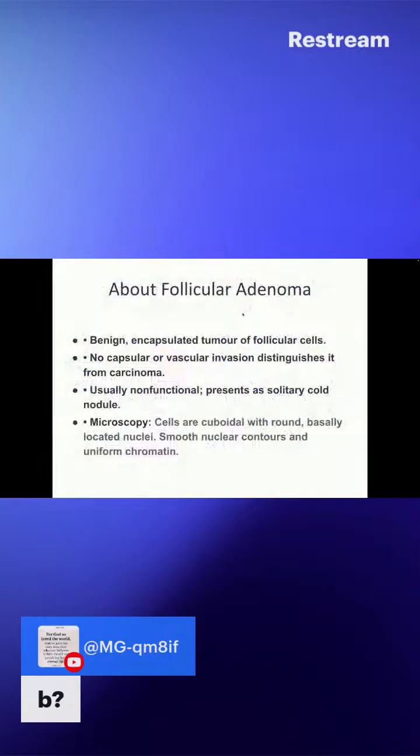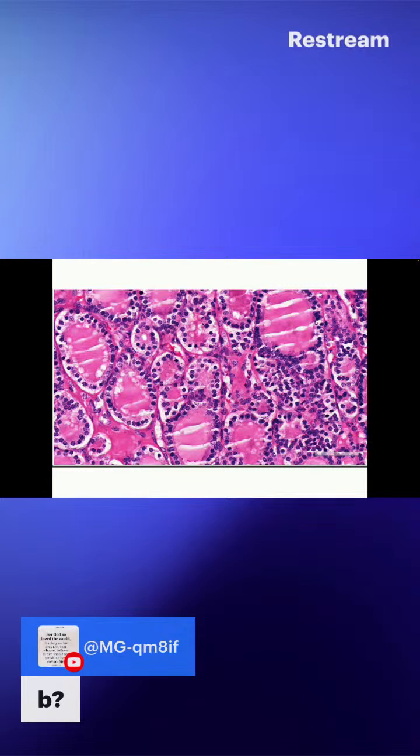Usually it presents as a non-functional thyroid, also euthyroid, as a solitary cold nodule. On microscopy, the cells are cuboidal with round, basally located nuclei, smooth nuclear contour, and uniform chromatin. This is really important to look at. So this is the thyroid adenoma.